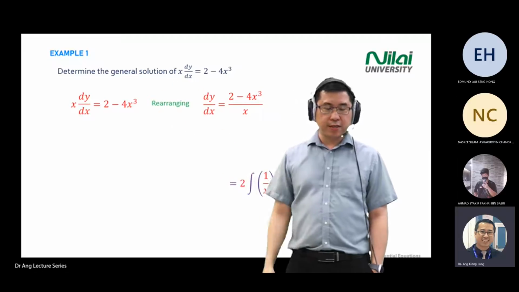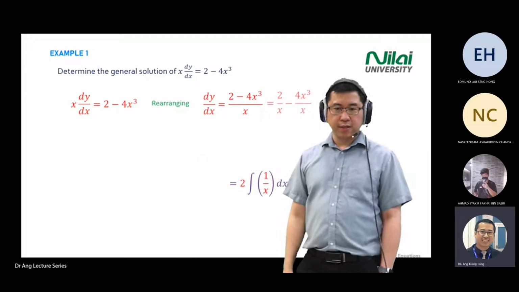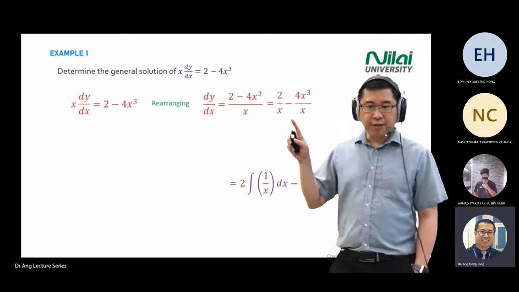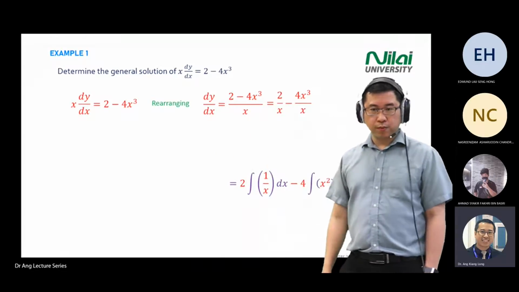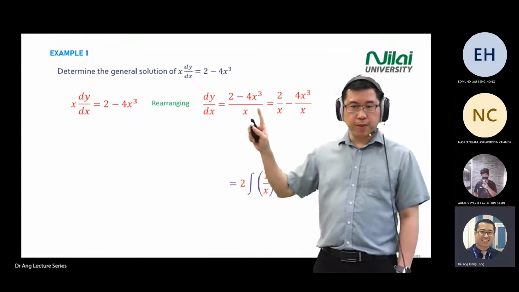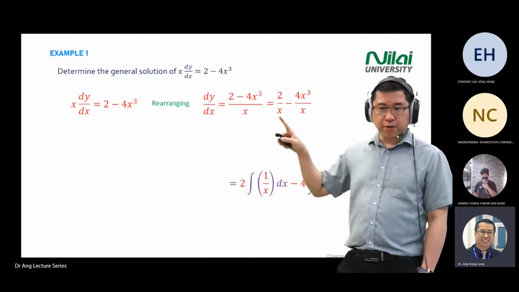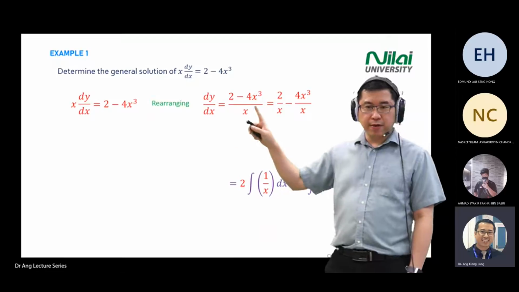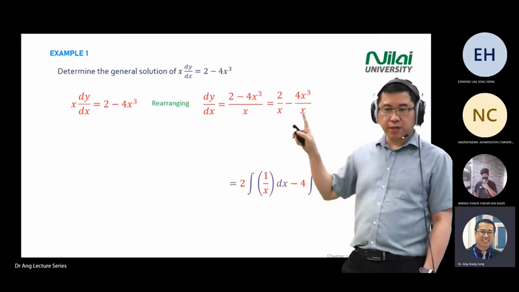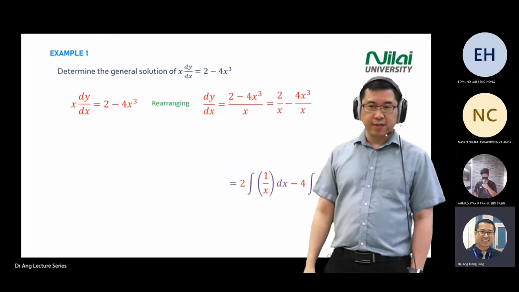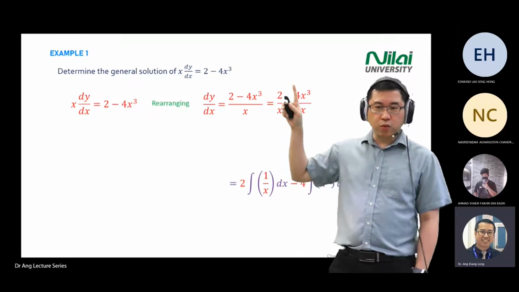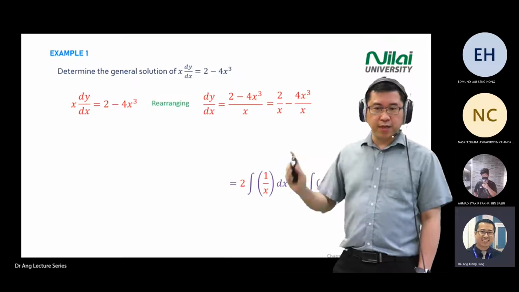Then you split them into 2. The first part, you get 2 divided by x. The second one, minus 4x cubed divided by x. So you have dy dx equal to this one minus this one.